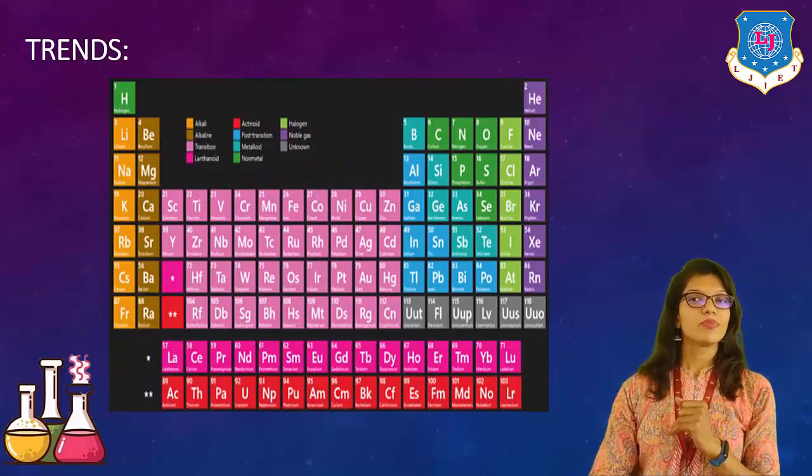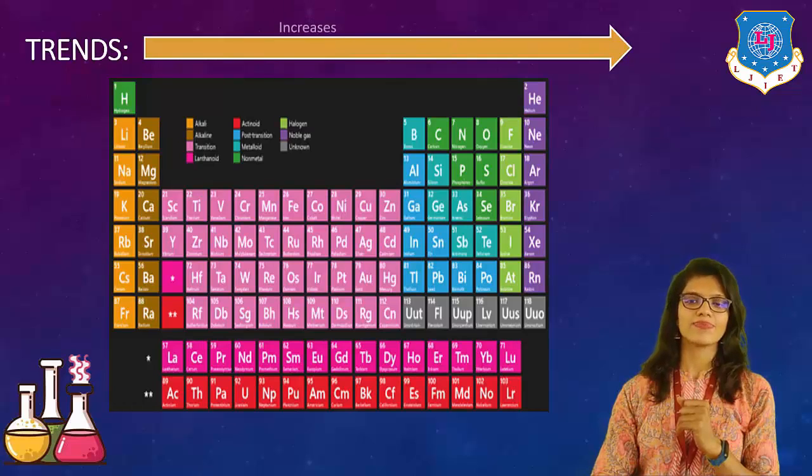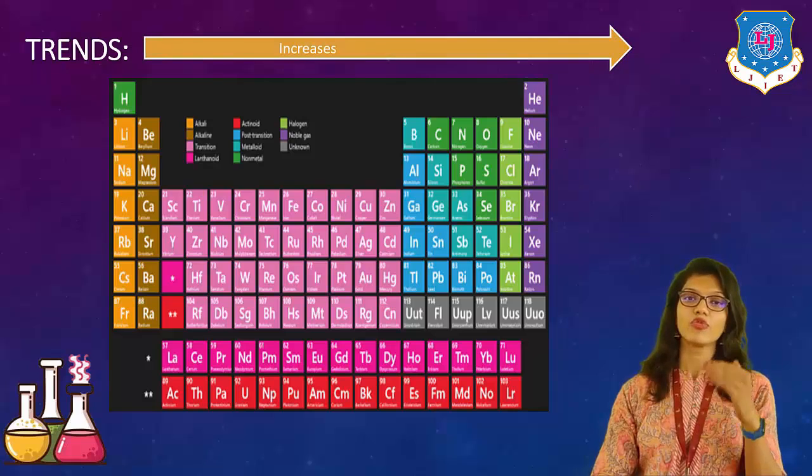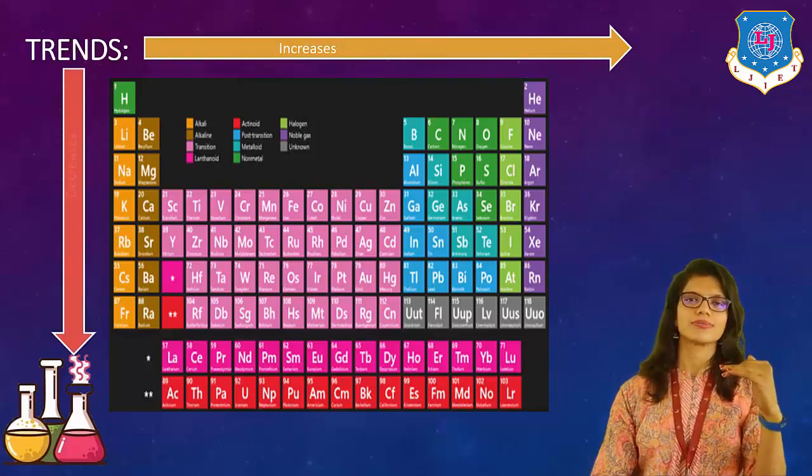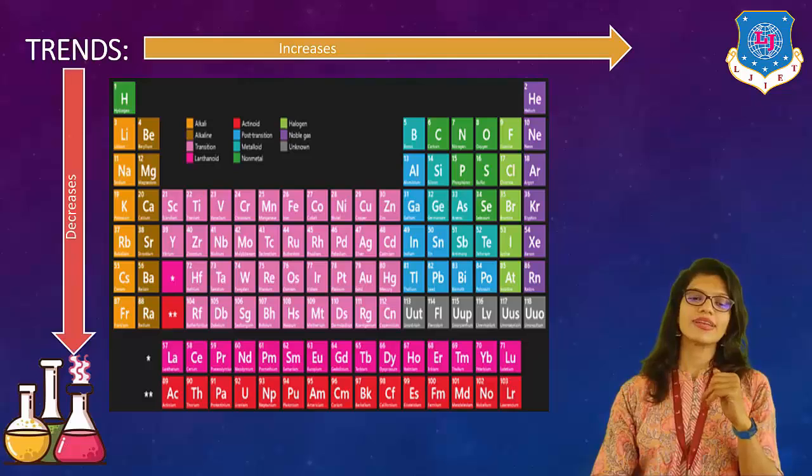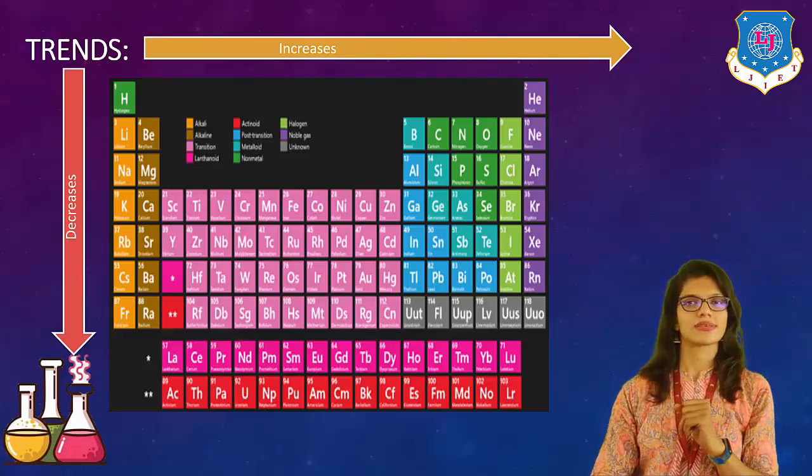When we move from left to right, the value of electronegativity increases. And when we move from top to bottom, the value of electronegativity decreases.